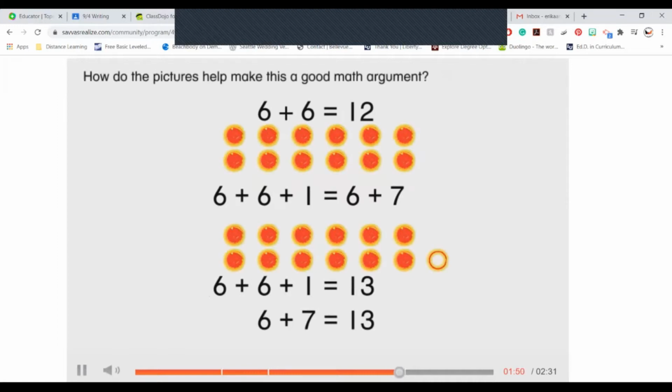How do the pictures help make this a good math argument? Well, the pictures really help show our work and help us explain why we know our answer is correct. The pictures make the explanation easier to understand.